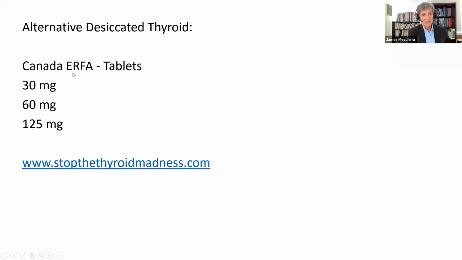A lot of Canadian doctors go to this website to get ERFA tablets that come in different dosages. So I sometimes will refer a patient like that to one of the integrative medical doctors that I know who sort of see eye to eye on this and will use desiccated thyroid hormone replacement for patients who have a TSH that's above 4 micromoles per liter.